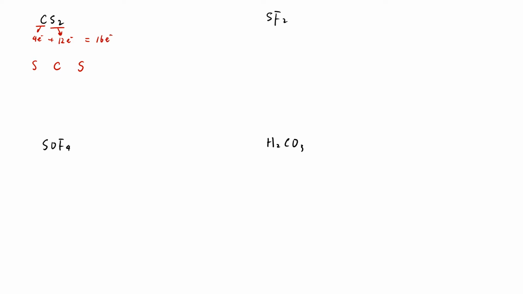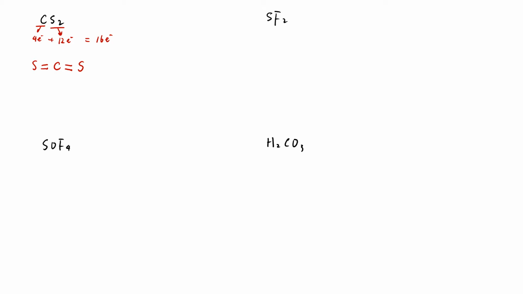We put the carbon in the middle and 2 sulfurs around it. Let's first connect them with single bonds. Carbon right now has 2 bonds, so 4 electrons around it. It needs 4 more, so we can draw another 2 bonds to the sulfurs.